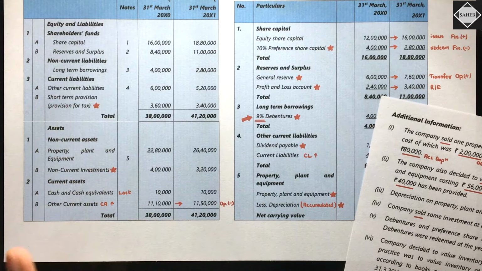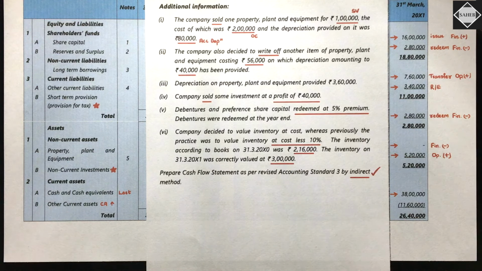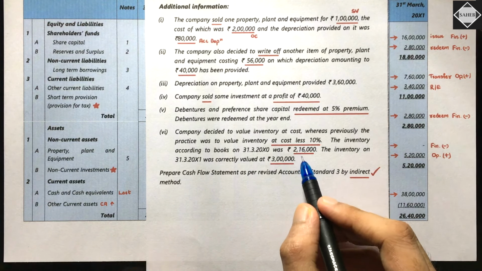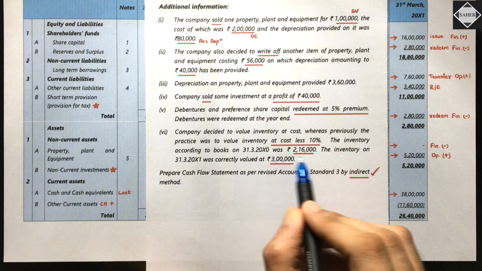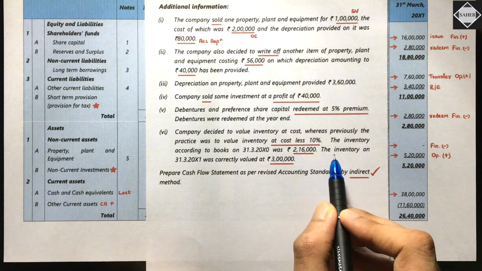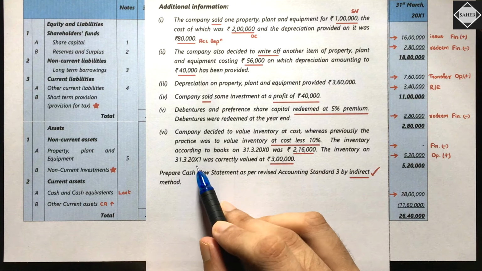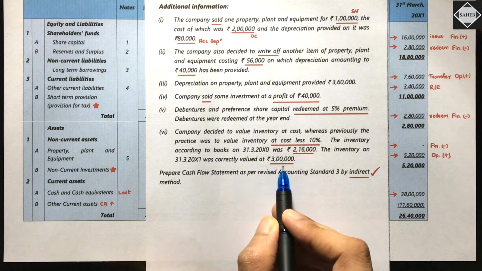So we can't see anywhere inventory over here. But they are saying specifically that inventory was 2,16,000 on this date, 31st March 2020. This is the opening inventory, isn't it? This is the opening balance of the inventory. The inventory on 31st March 2021, the closing stock, was correctly valued at 3 lakh.